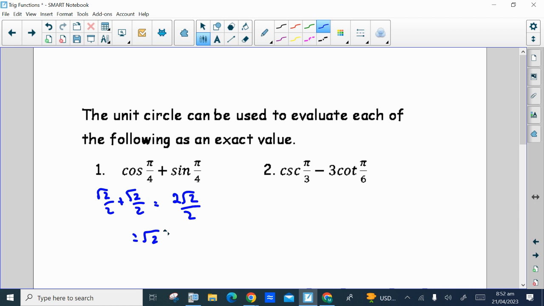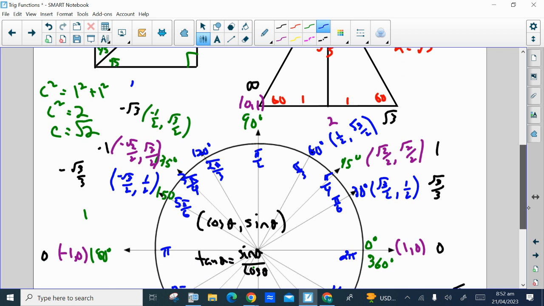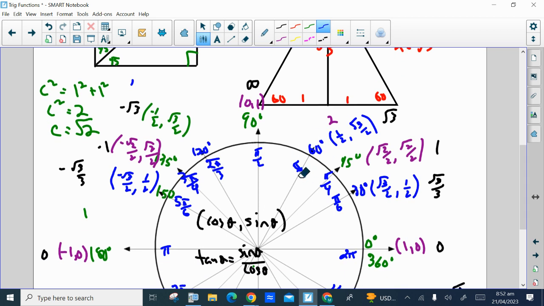For question 2, we want the cosecant of pi on 3 minus 3 times the cotan of pi on 6. So if we go to pi on 3 on the unit circle, that's the same as 60 degrees. We want the cosecant, which is the reciprocal of sine. The sine is √3/2.